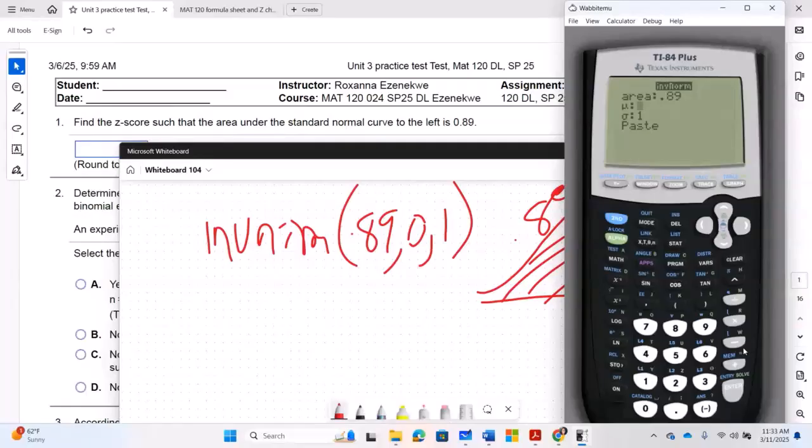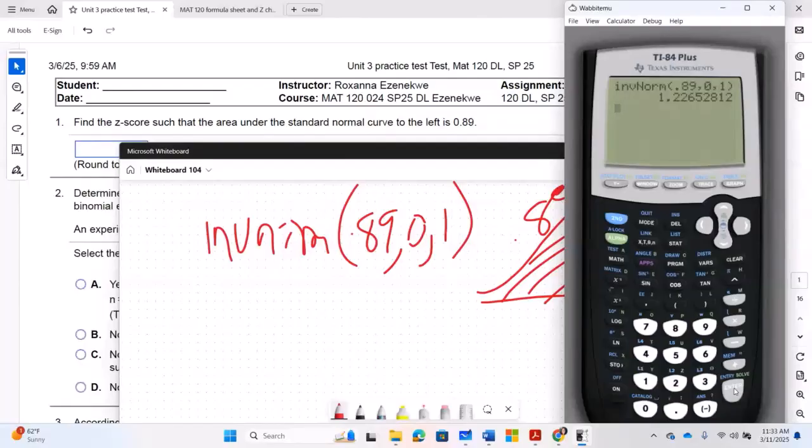Okay, so why are you not moving? Oh, it's not moving. Okay, what I'm going to do is paste, enter. And then arrow down, enter.